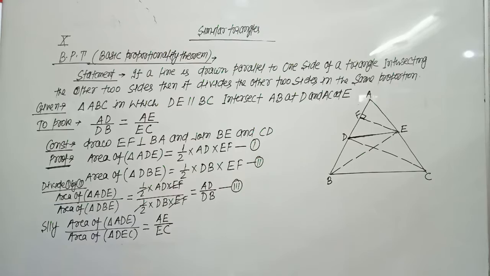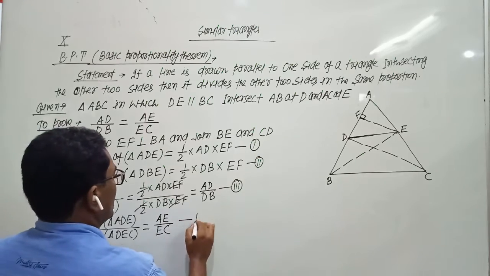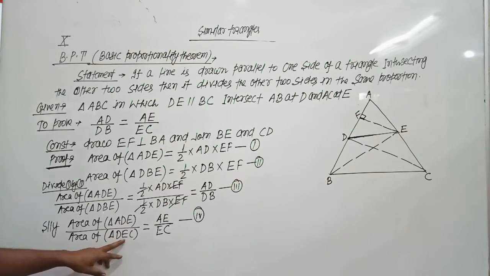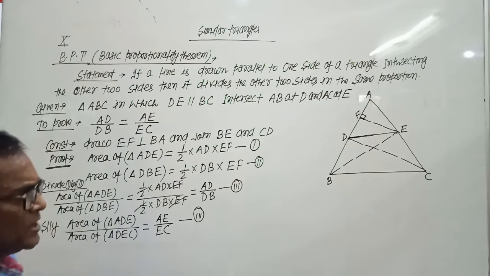Name it the fourth equation: area of triangle ADE upon area of triangle DEC equals AE upon EC.